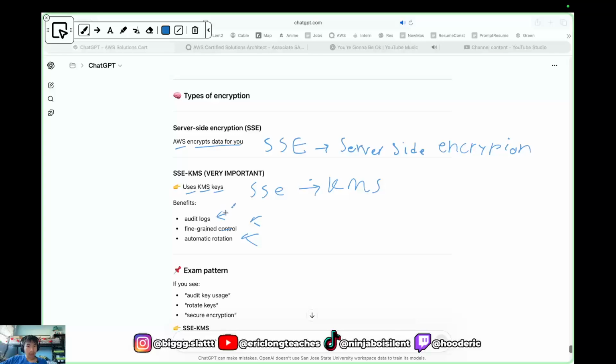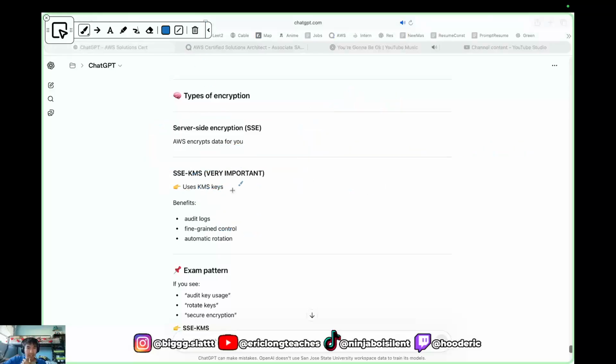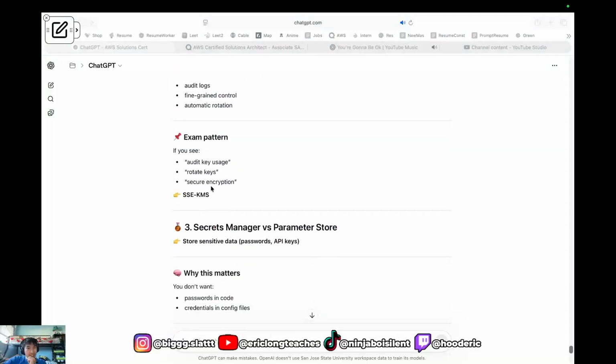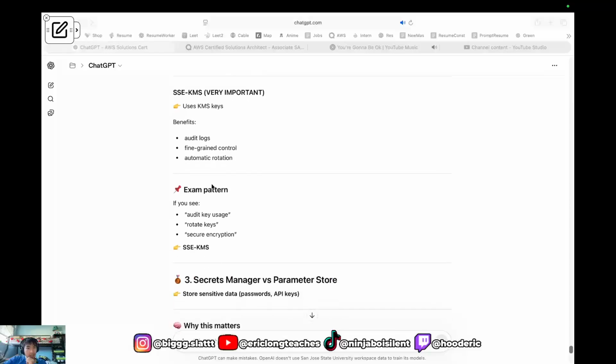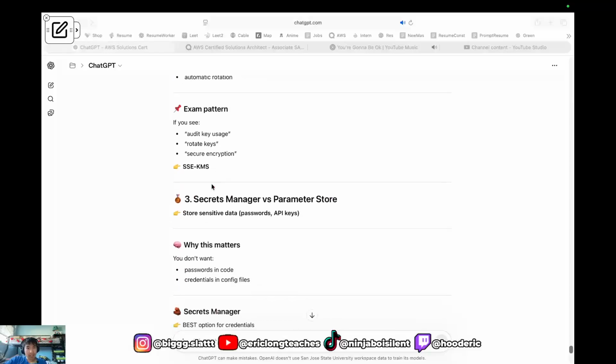I guess SSE is where Amazon does everything for you, and SSE-KMS is where you have to do more yourself, so you get more control. If you see audit key usage, rotate keys, and secure encryption, we know that it is SSE-KMS.